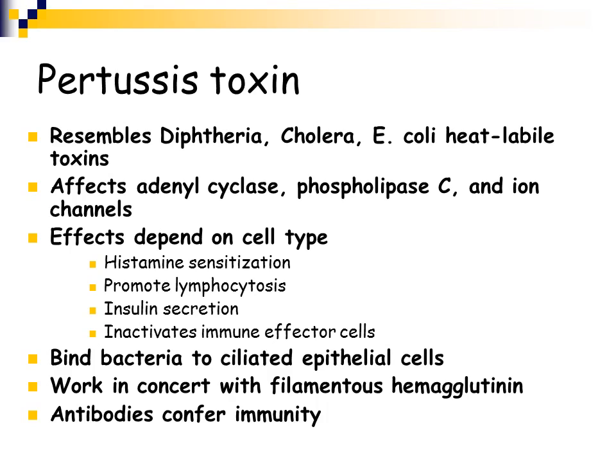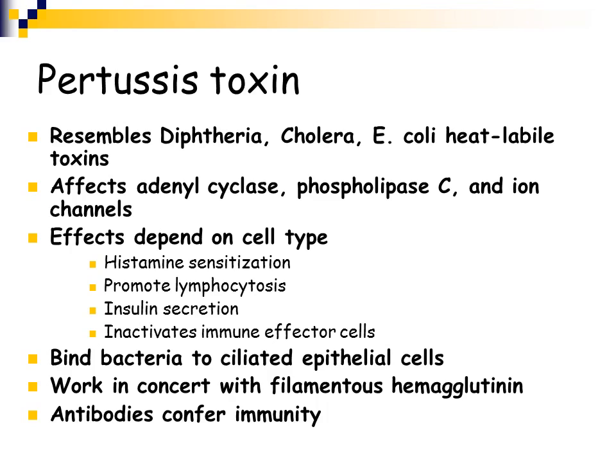Now, the pertussis toxin resembles the diphtheria, cholera, and the Escherichia coli heat-labile toxins. It affects the adenylate cyclase, phospholipase C, and ion channels. And the effects of the toxin depend on the cell type.